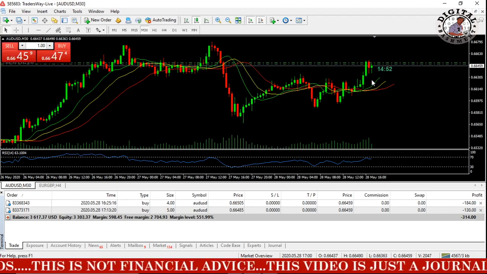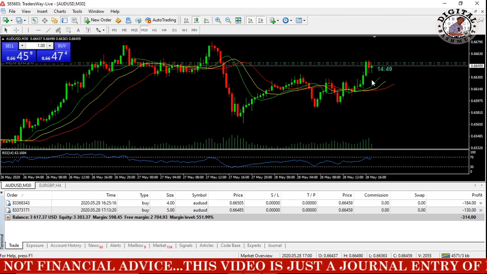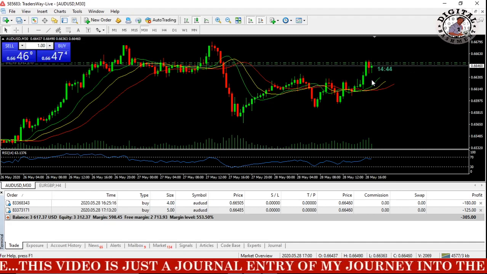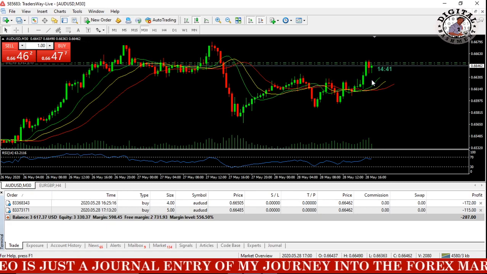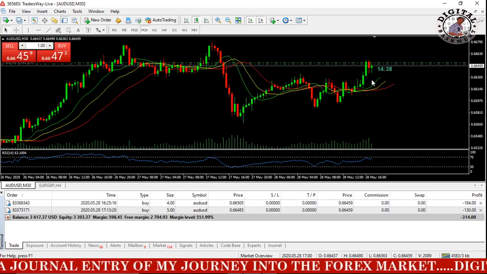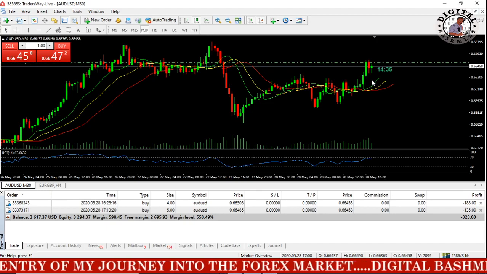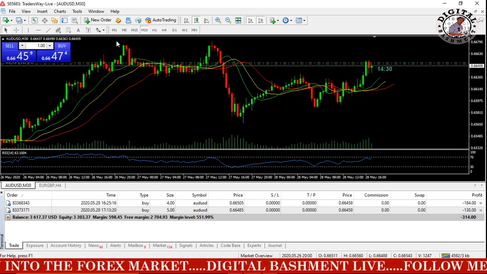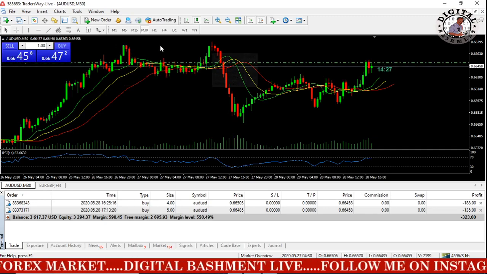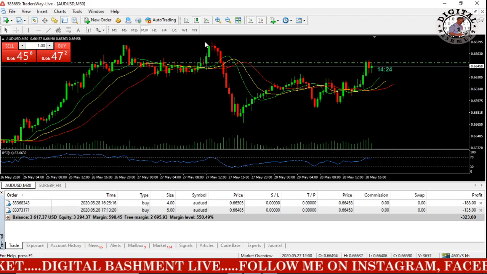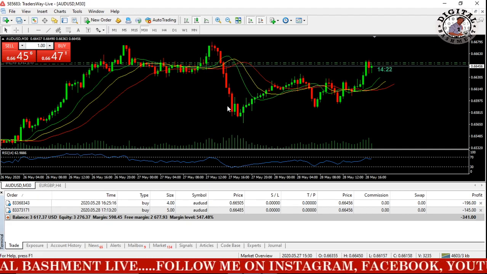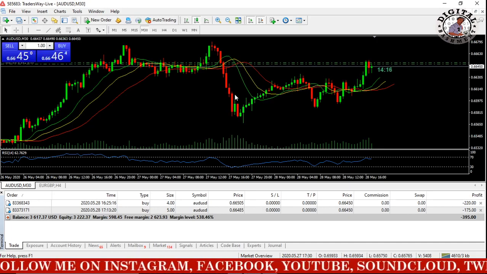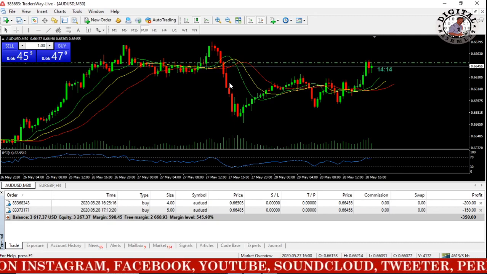There was a big tug of war between the sellers and buyers that leaves you with that strong wick at the top. If there's a very small wick or no wick at the top of a bullish candle, then quite possibly the price could continue going up, but that's not always the case. As you could see, this one here has no wick at the top, but the price still fell. This one here, no wick at the top, but the price still fell. So that's why I try not to pay attention to some of these things, because again, you could never tell where it's gonna go.